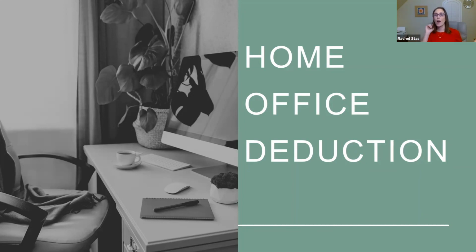The way that deduction works is you could either do the standard deduction, which is $5 a square foot for up to 300 feet. So you could have your $1,500 deduction, boom, you're done. Or if you have more expenses than that, and you're in a 1,000 square foot house and your office is 100 square feet, then you get to take that percentage, 10%.